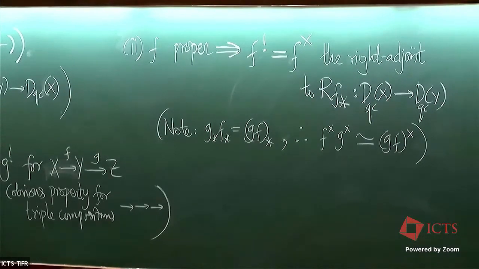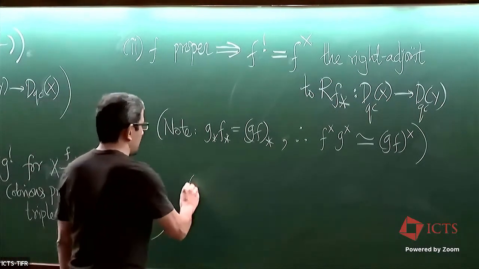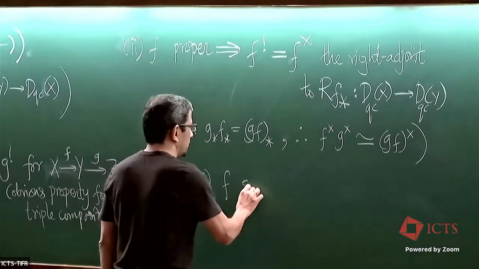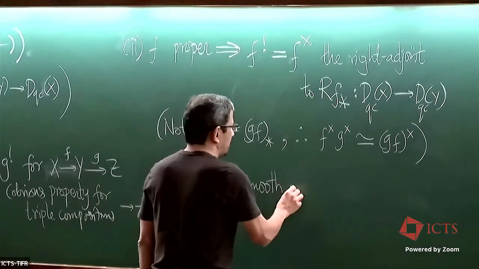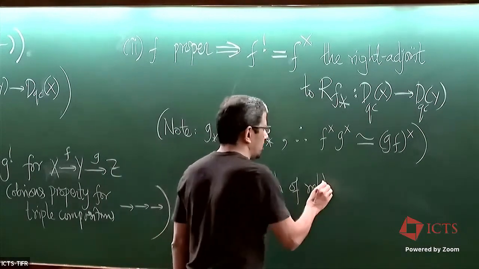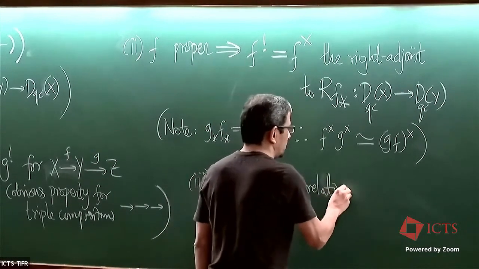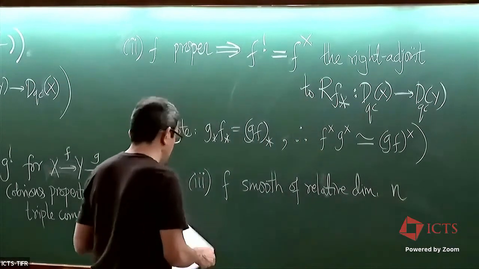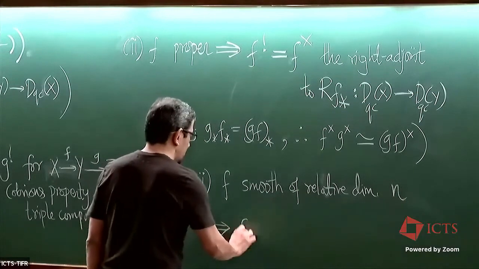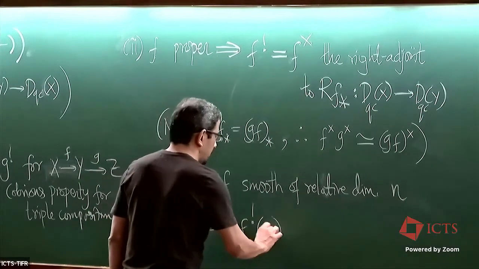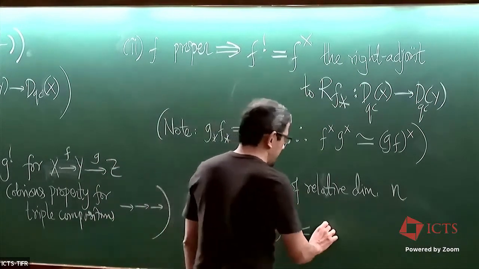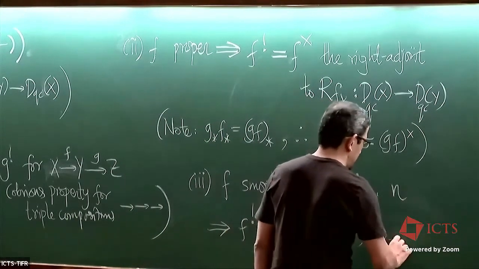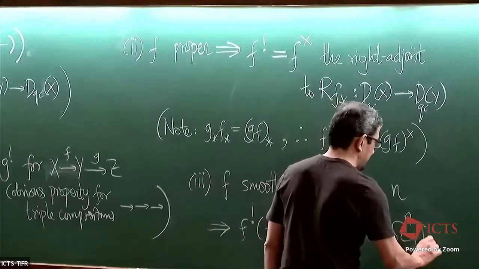And the third thing is, if F is smooth of relative dimension n, then F shriek should look like F upper star tensored by omega n F, shifted by n.